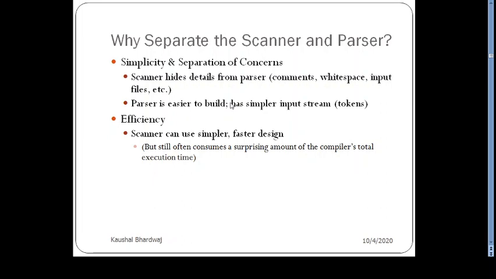Before going for these tokens, why do we have a separate scanner and parser? Why not one single program which could scan and parse? It is just for two reasons: simplicity and efficiency. Since these parts have been separated, a scanner hides detail from the parser.